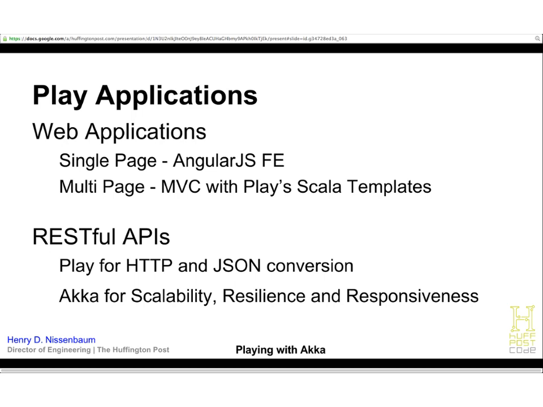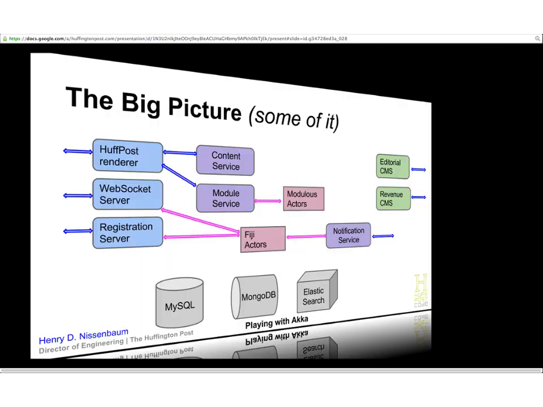So the request processing is actually handled by a bunch of Akka actors for scalability, resilience, and responsiveness. And some of the things we're going to be talking about now are two cases of where we built RESTful APIs using Play at the front and Akka to do most of the heavy lifting.